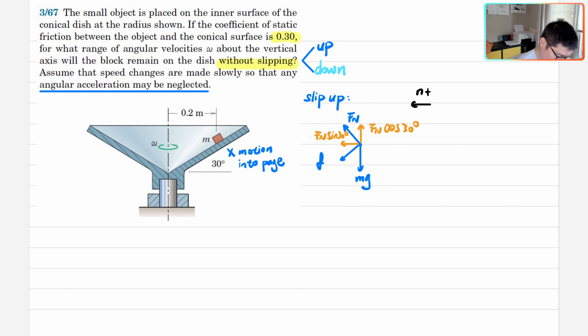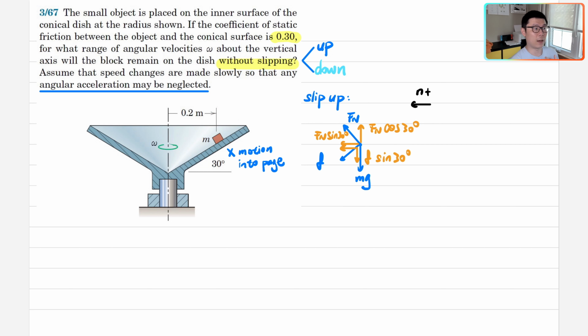And your friction can also be broken into components. This will be F sine 30 degrees, your friction. And also, I'm making my drawing too small, so make your drawing large so you can write it clearly.